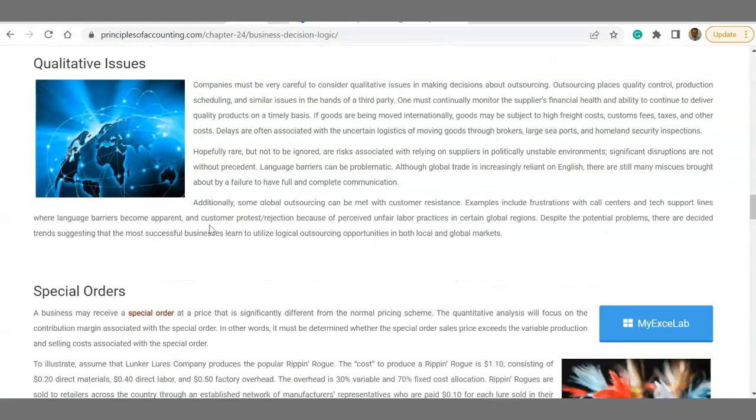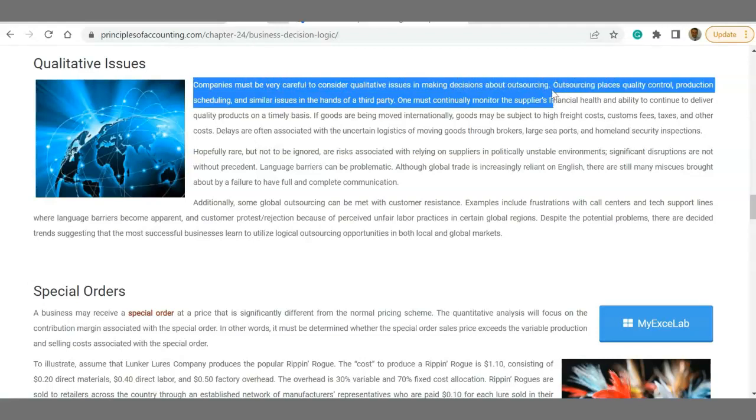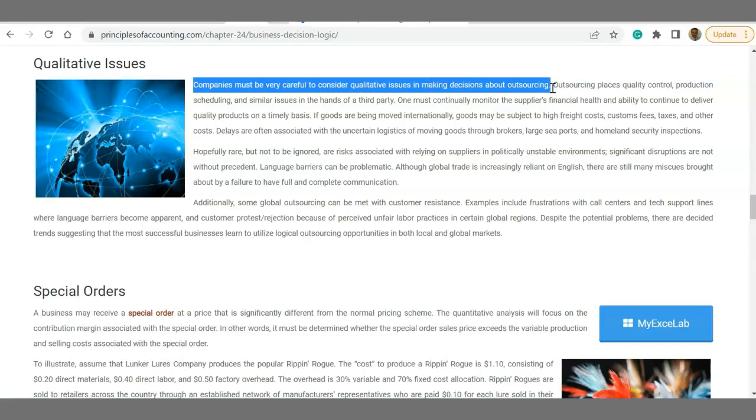Okay, so let's see, qualitative issues. Companies must be very careful to consider qualitative issues in making decisions about outsourcing. So it's an important matter, and they have to spend some time on it to understand it perfectly.